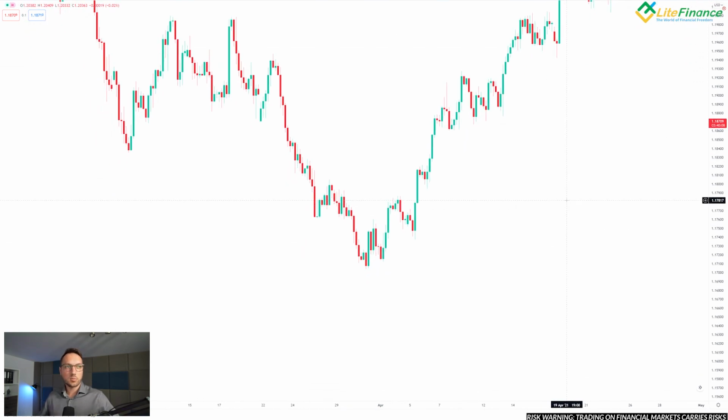This is another example where the formation is not obvious, not the best looking one, we can say. It's not the clearest one, but either way, we have the first shoulder, the head, and the second shoulder.